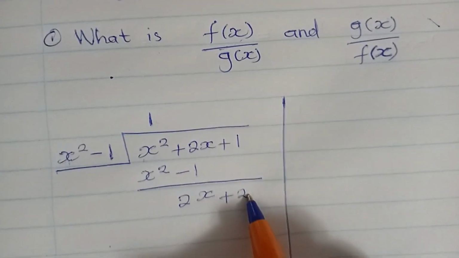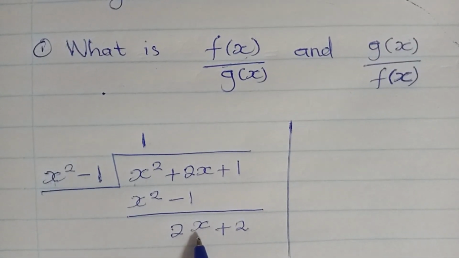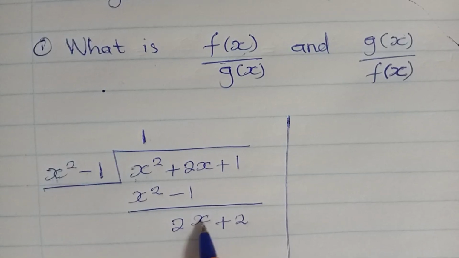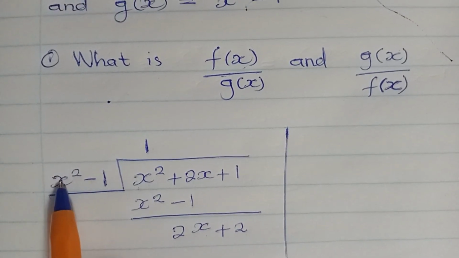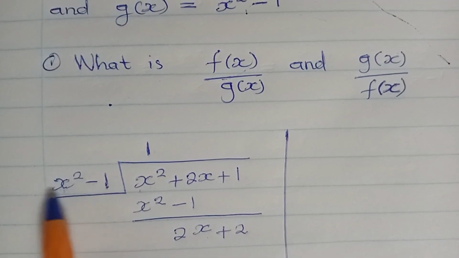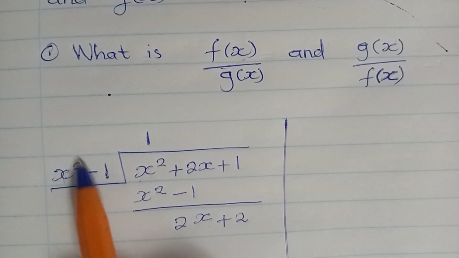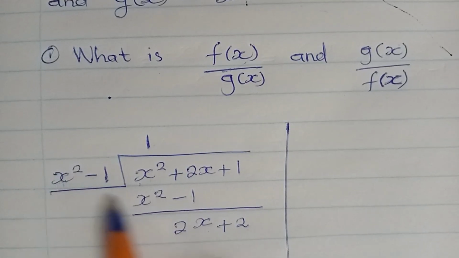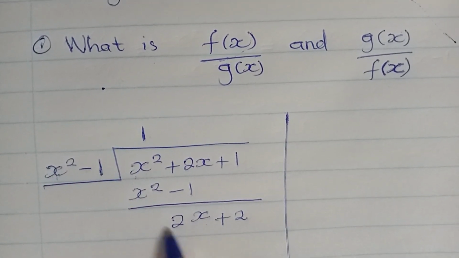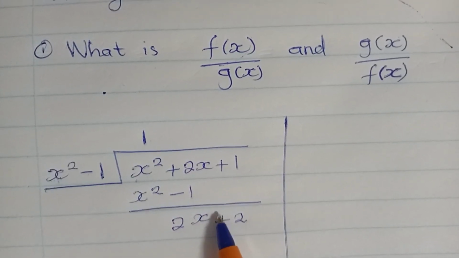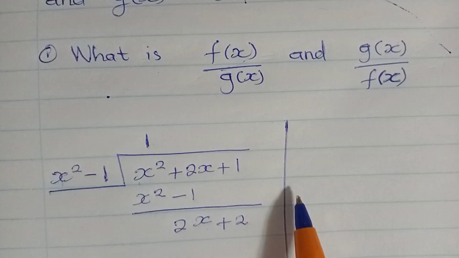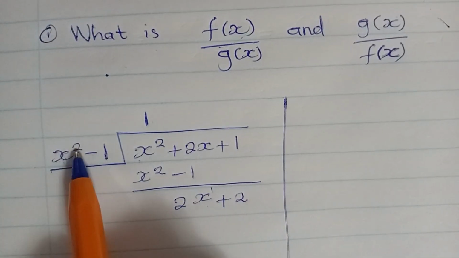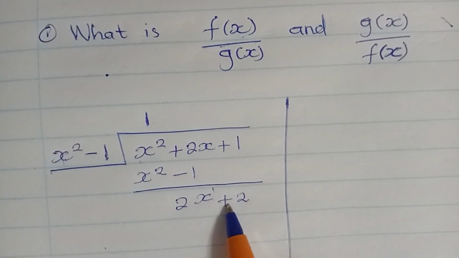Remember that we only divide a term that has a degree equal to or greater than the degree of the term we are dividing with. We are dividing with x squared, which means we can only divide a term that has a degree of 2 or greater. Because this has a degree of 1, we can't divide it, so this is going to be our remainder.